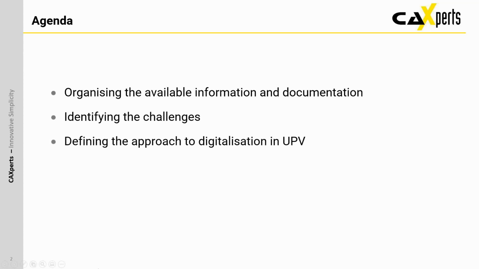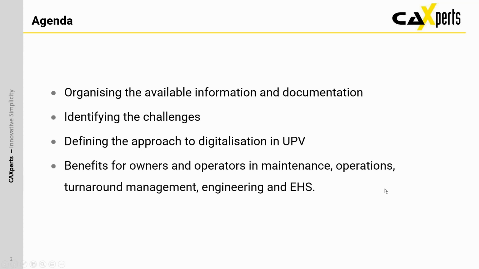Defining the approach to digitalization in UPV. So how do we actually start building up the digital twin? And what are the benefits for owners and operators in maintenance, operations, turnaround management, engineering, and EHS?